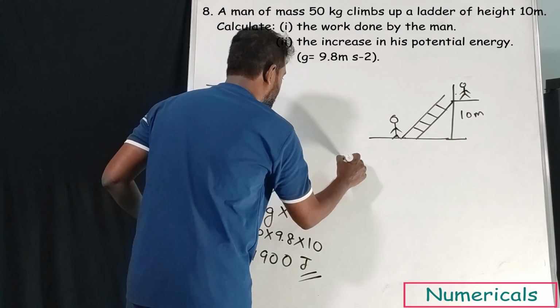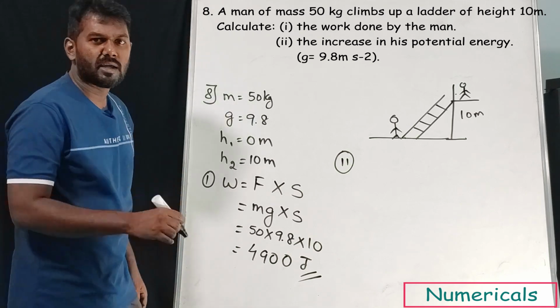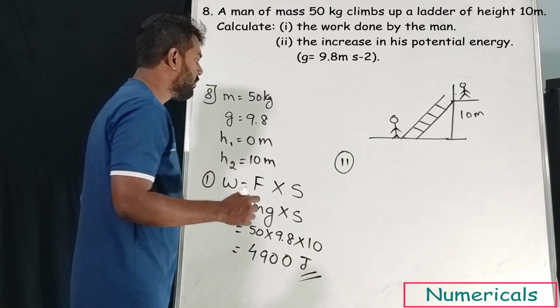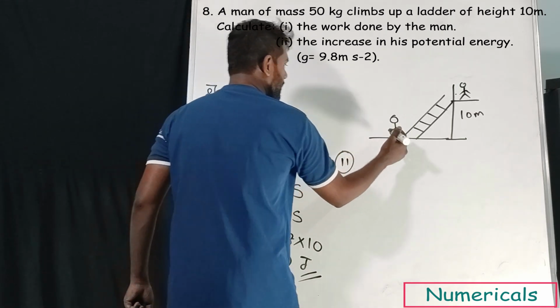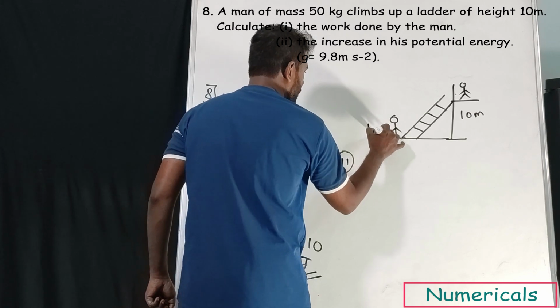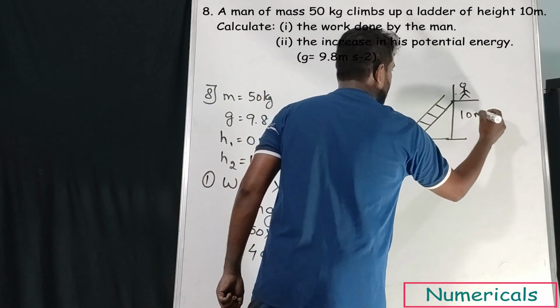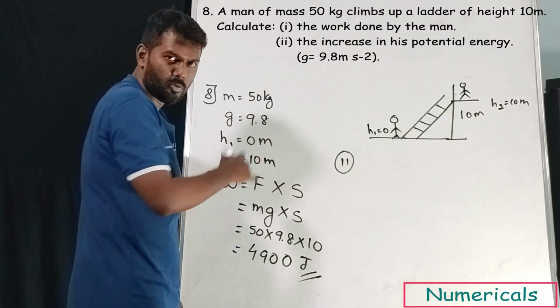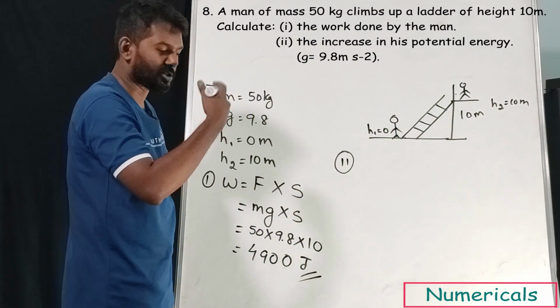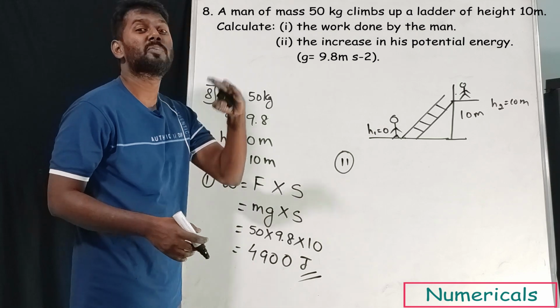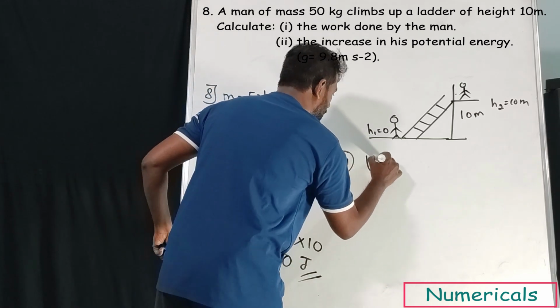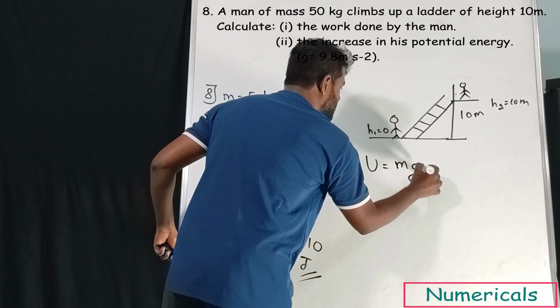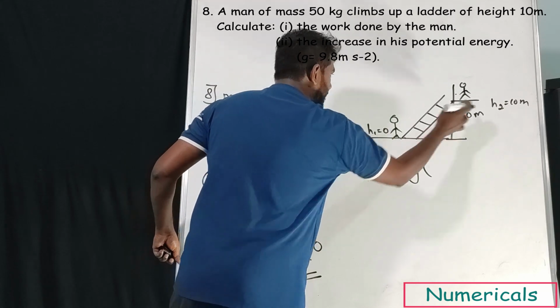Now we have to calculate the increase in potential energy. From this position h1 will be 0, here h2 will be 10 meter, correct? Now we have two positions, two situations. Now we have to use the simplified formula, that is U is equal to mg, this height and this height.